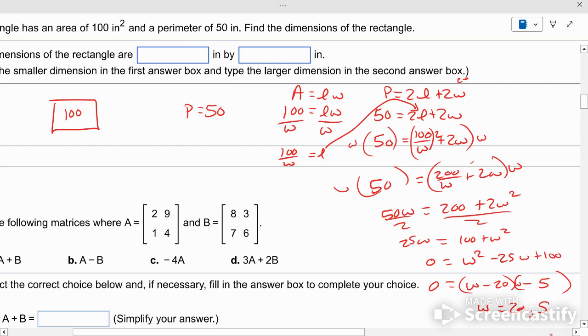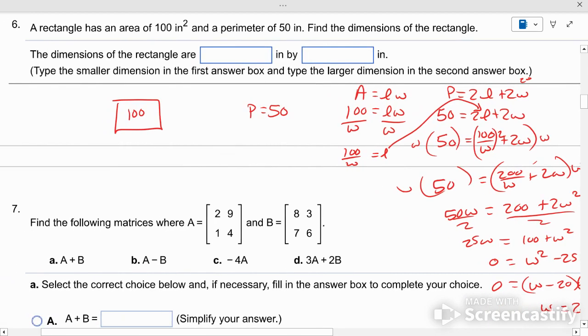Then what's 100 divided by 20? 5. So one of these is 20, one of these is 5. It says smaller dimension in the first box, so it's a 5 by 20, because 5 times 20 is 100. 2 times 5 is 10. 2 times 20 is 40. 10 plus 40 is 50.